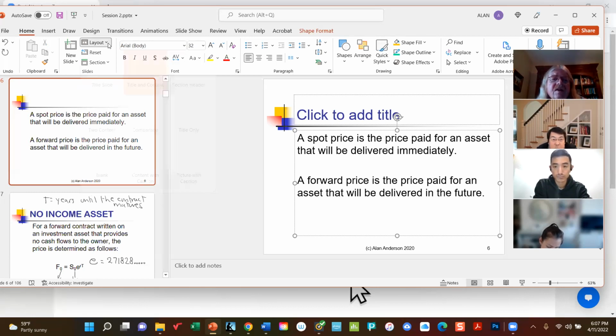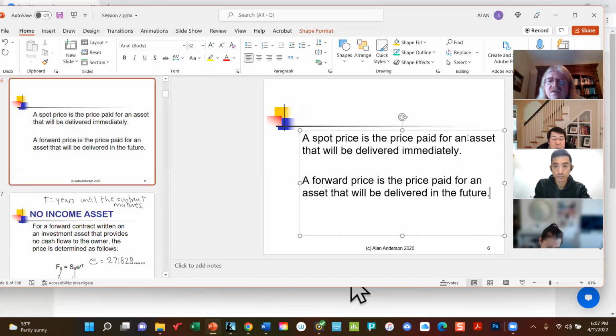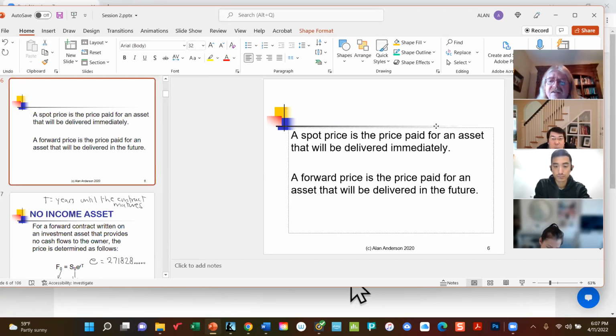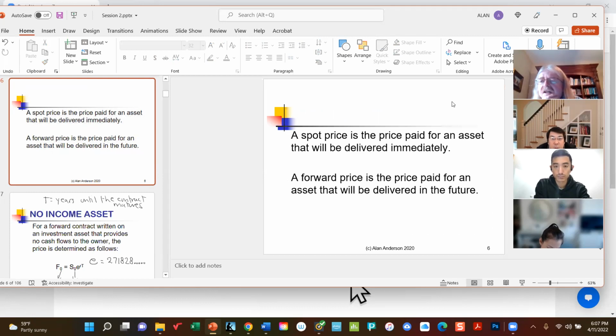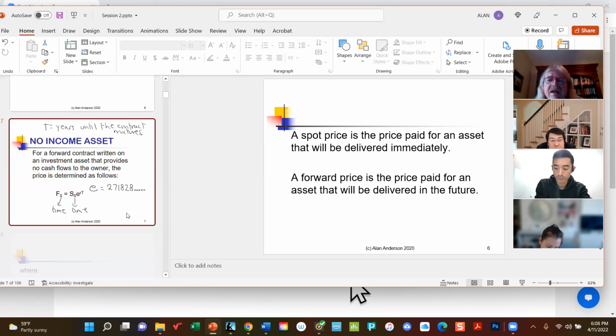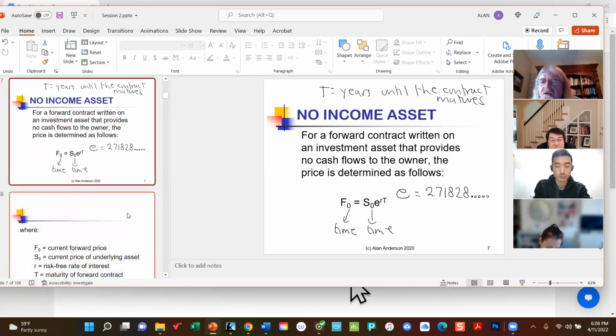So now there are several different kinds of assets that we can buy with a forward contract, so we need a few different pricing models. First of all, if we are buying an asset for future delivery where the asset itself does not provide any income to the owner, then the model is very simple. Okay, so let's take a look at what this model is telling us.